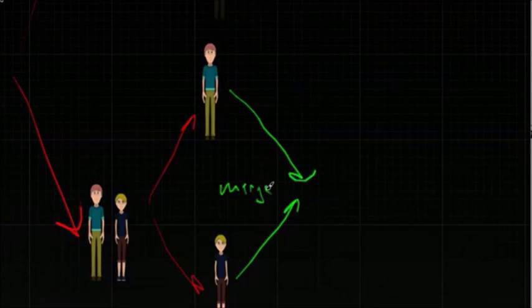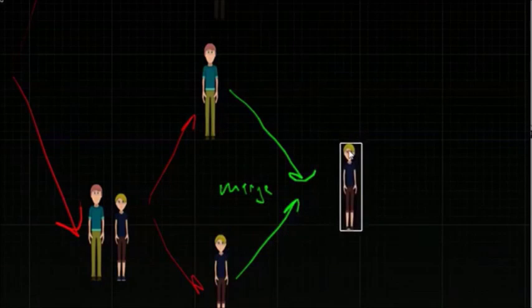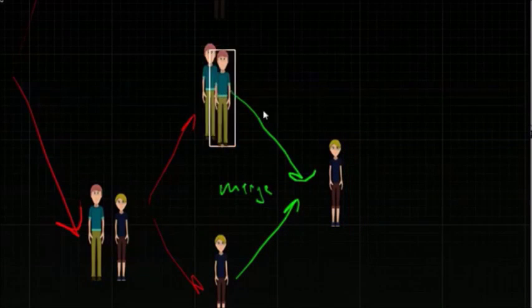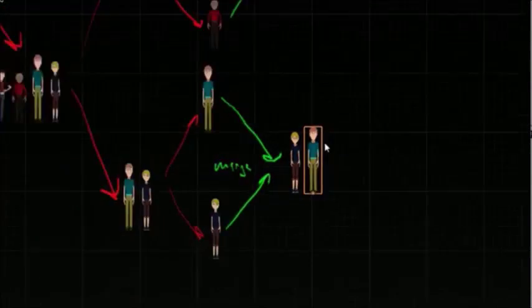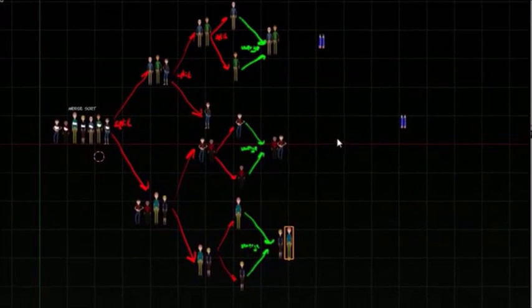We merge these two, and the smaller person has to be on the left, and the taller person has to be on the right. Perfect.